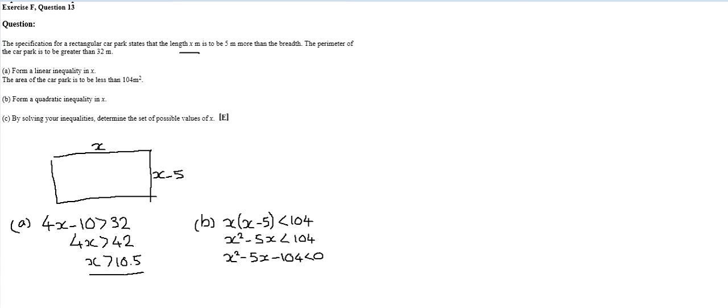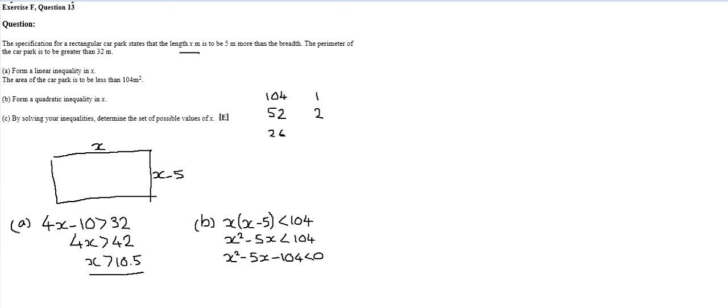Now, this one immediately is posing a slight issue because it's not a very nice number to find factors of. Completing the square I could do, but let's just have a little think. I'm going to do some really sneaky maths here. If I half this one and double this one, I get another factor.